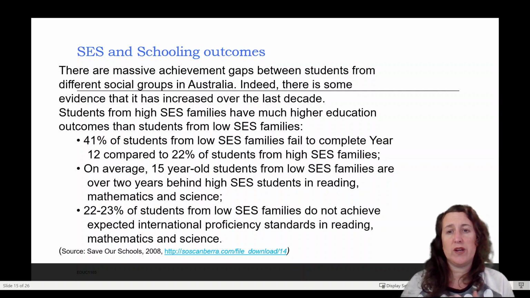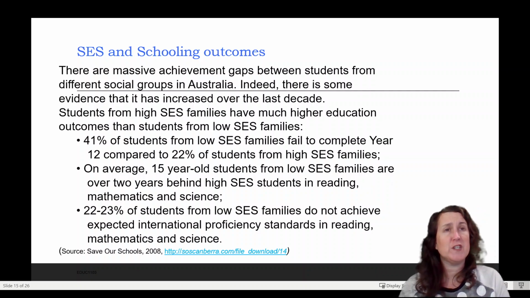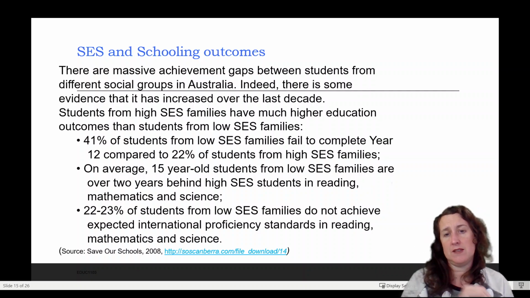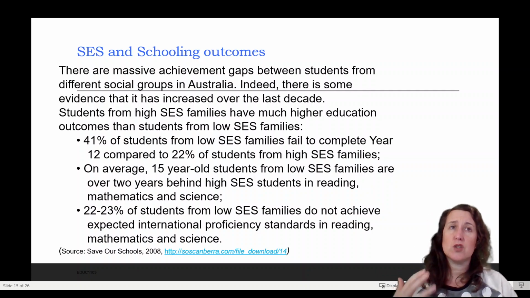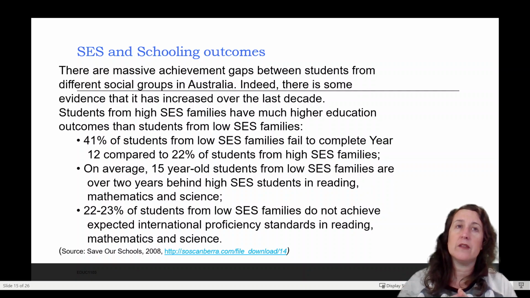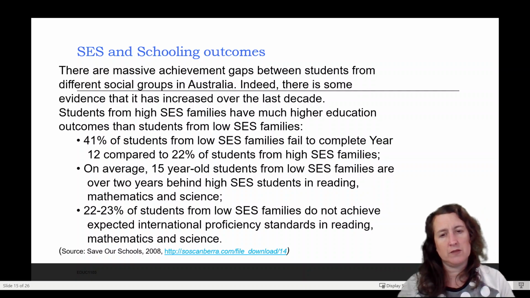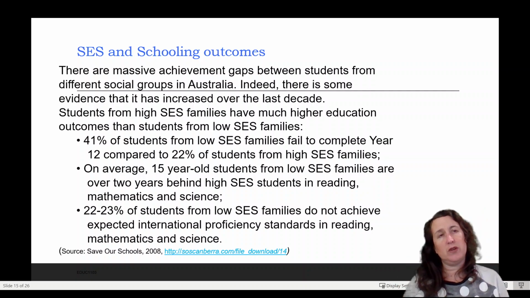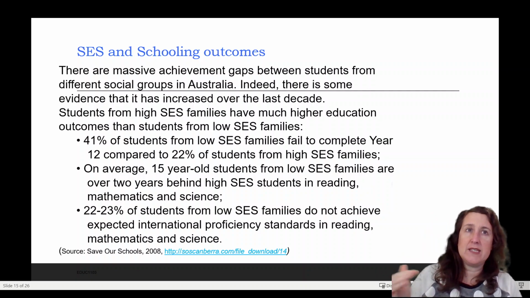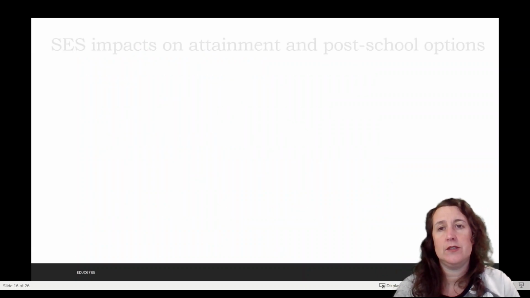And 22 to 23% of students from low SES families do not achieve the expected international proficiency standards in reading, maths and science. So we can see that the educational benefits of schools are not evenly distributed and are not extended as well to low SES students as they are to high SES students.